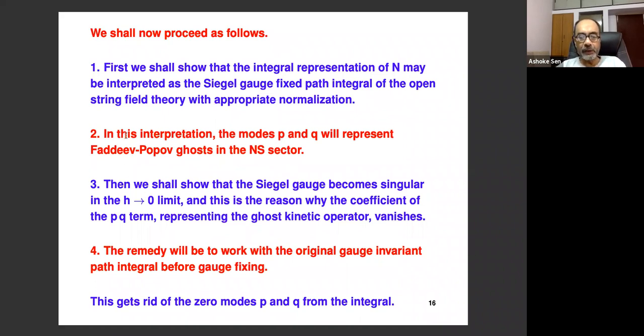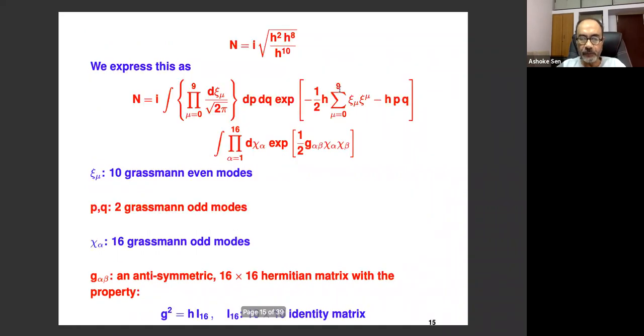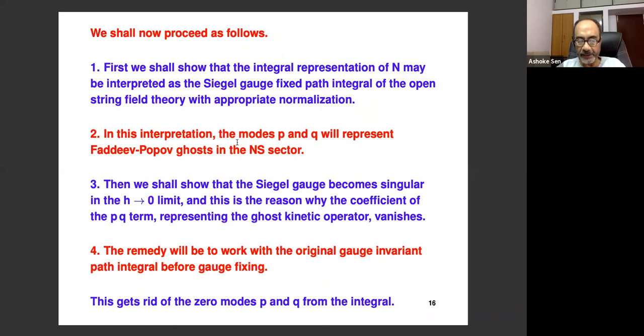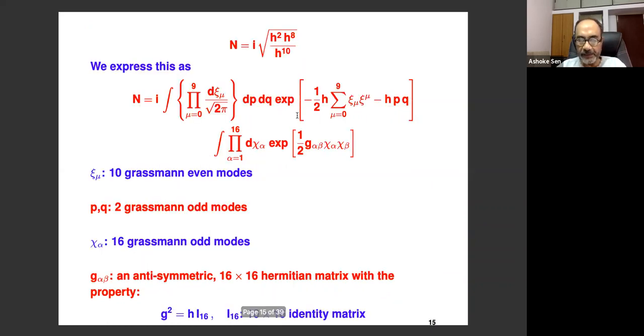Okay, so then we'll show that in this interpretation, the modes P and Q that we see are the Faddeev-Popov ghosts in the Neveu-Schwarz sector. And so this means that in the h goes to 0 limit, this coefficient goes to 0. That means that the Faddeev-Popov ghost determinant is vanishing.